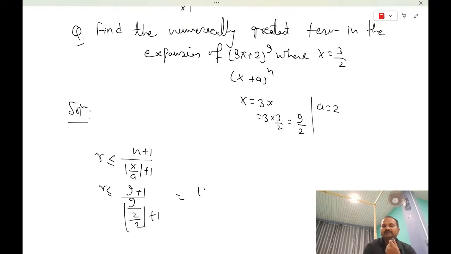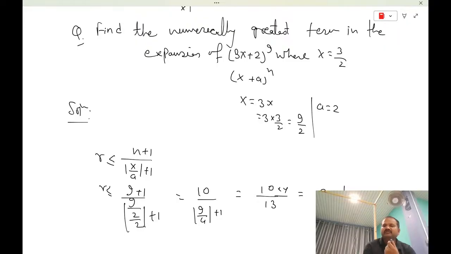So how much will it be? 10 divided by 9 by 4 plus 1. So we will take the LCM, that is into 4 divided by 13. 40 by 13, that is equal to 3 point something, 3 plus 1 by 13.